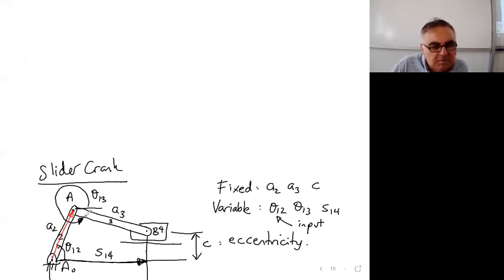A0A plus AB is equal to A0B. A0B is this vector, but it can be resolved into its horizontal and vertical components also.